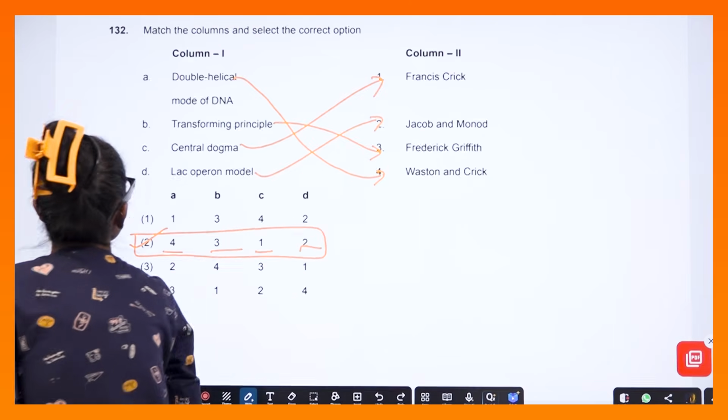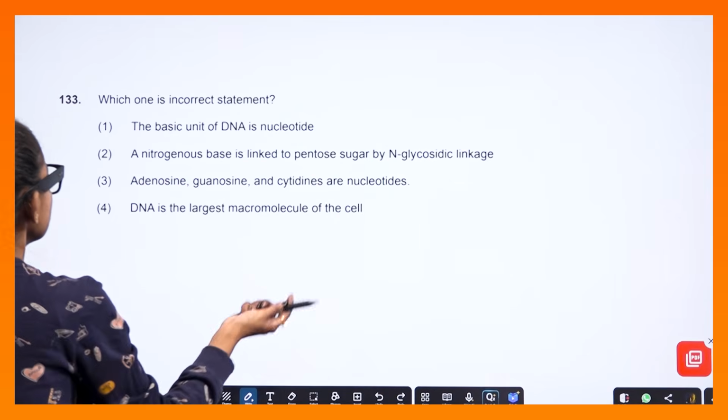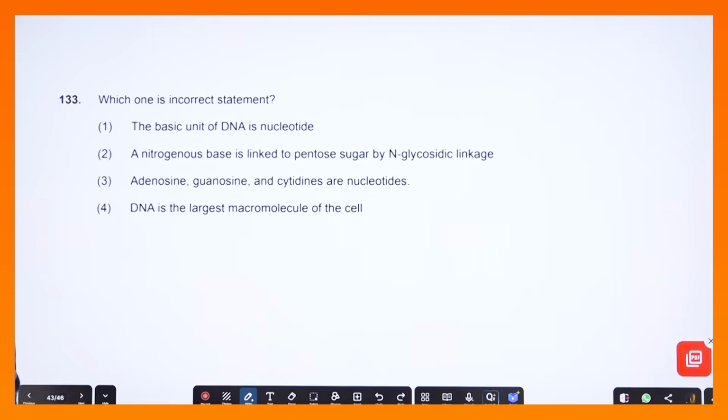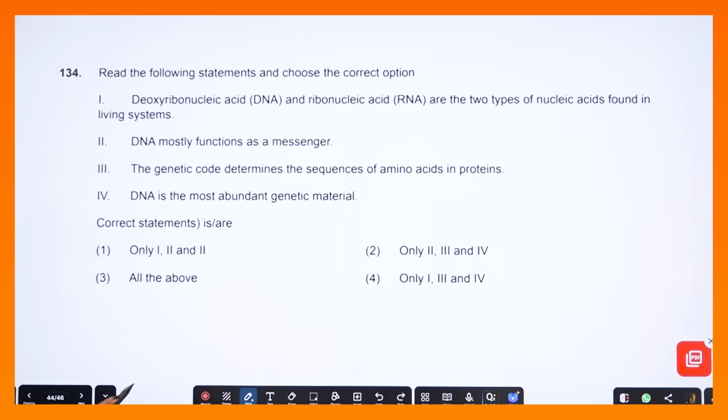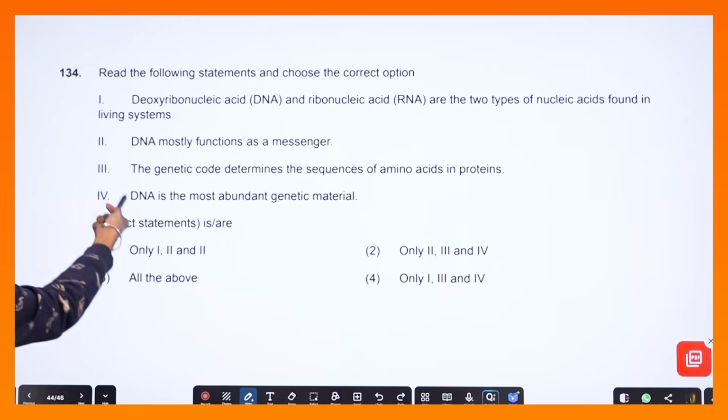Option 2. Okay, this is based on different statements. I'm not doing it. This is very easy. This is also fine.